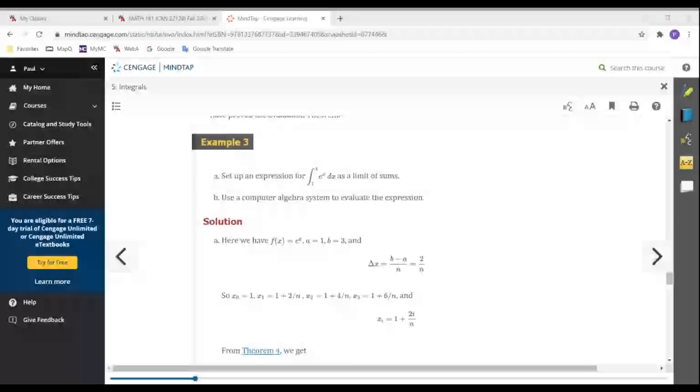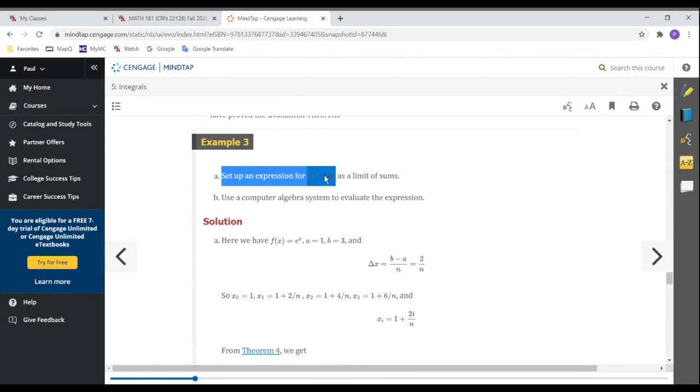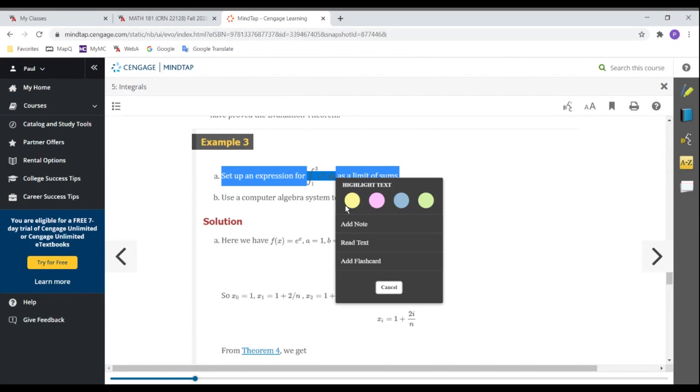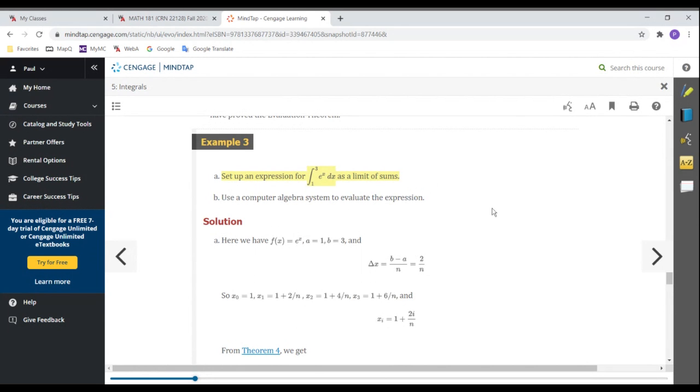And it's always good to look at a variety of examples. So we're looking at section 5.2, example 3. In this problem, they want you to set up an expression for the definite integral as a limit of sums.